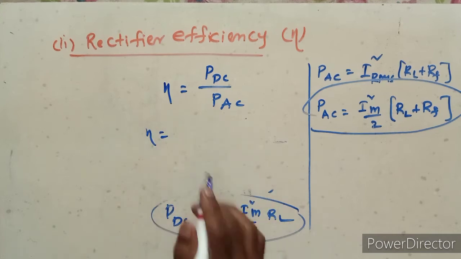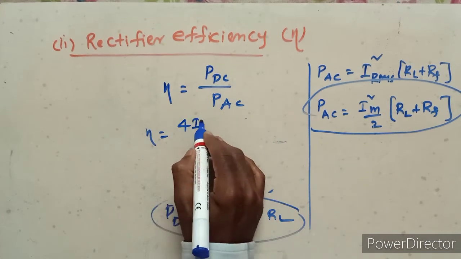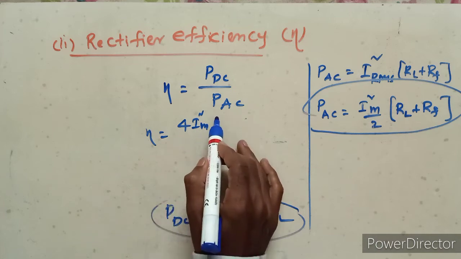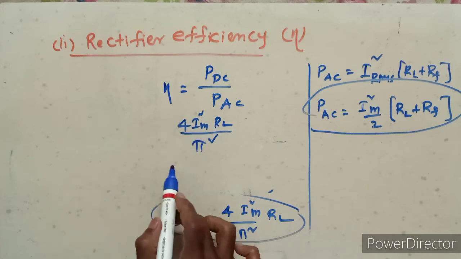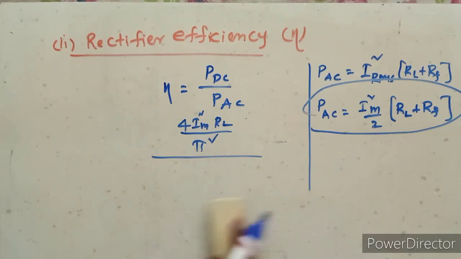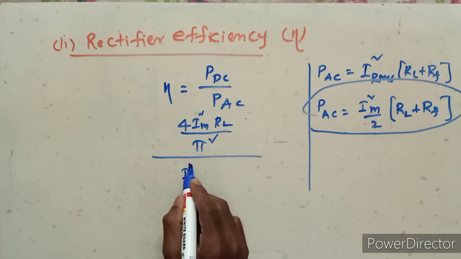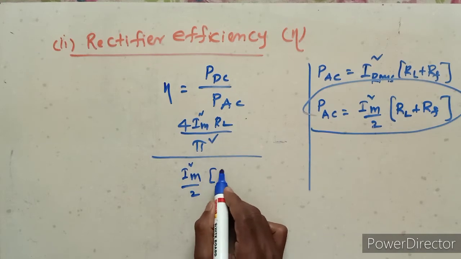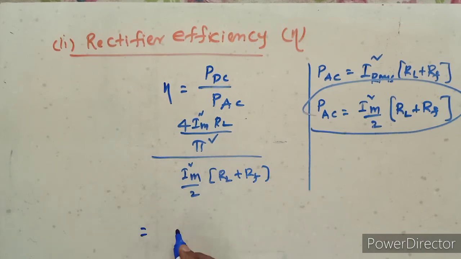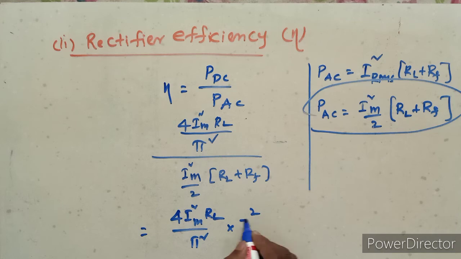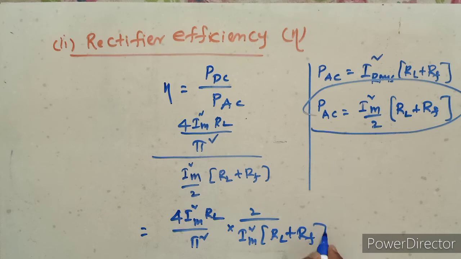Eta equals 4 I square m RL upon pi square, upon I square m upon 2 times RL plus RF. This can be written as 4 I square m RL upon pi square into 2 upon I square m RL plus RF.